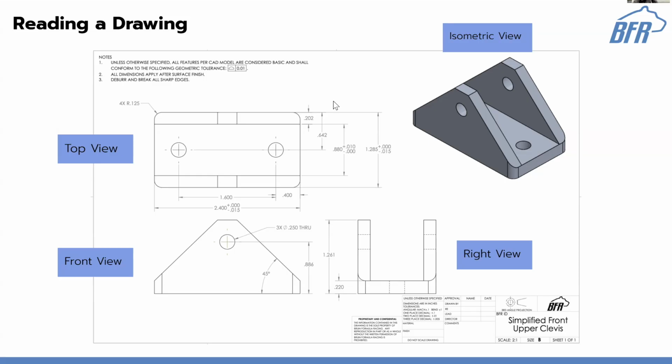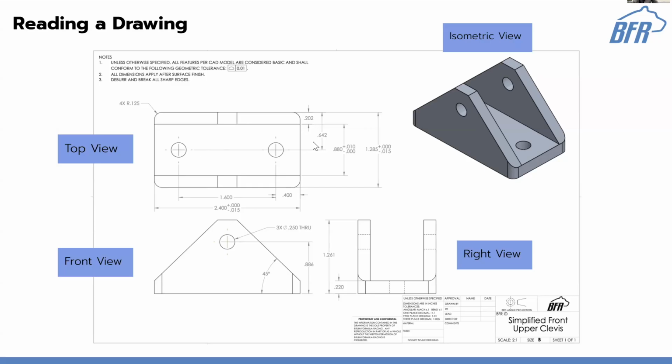Even though they're just 2D drawings with lines, as you gain more spatial awareness, you might not even need the isometric view, which is the more 3D view. You can interpret what the part looks like just from the three views, or even just two of them. You can create the third view.